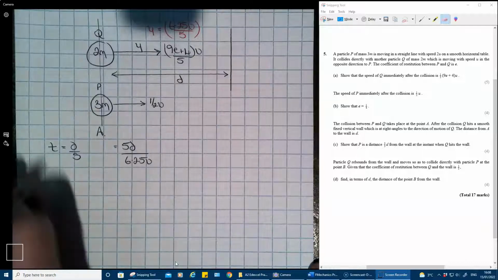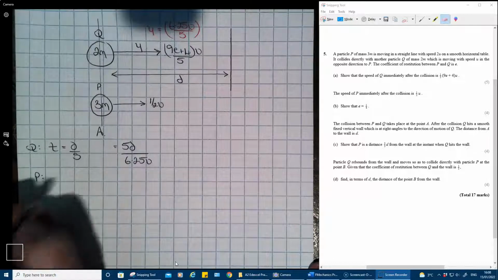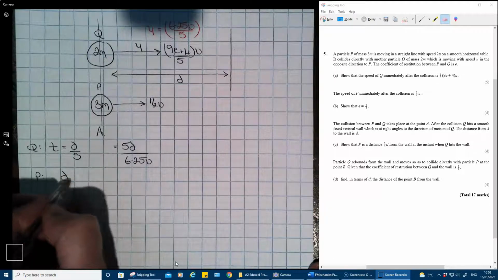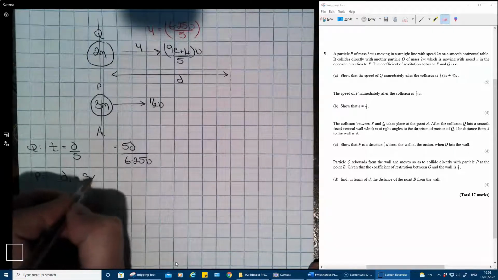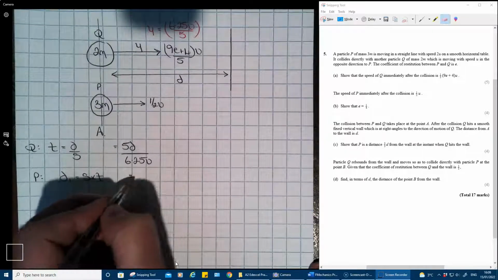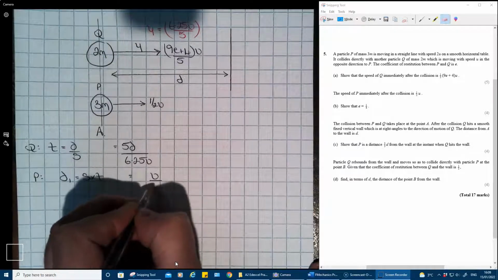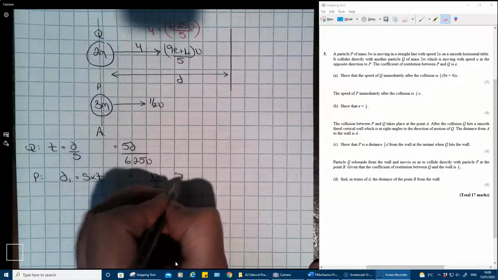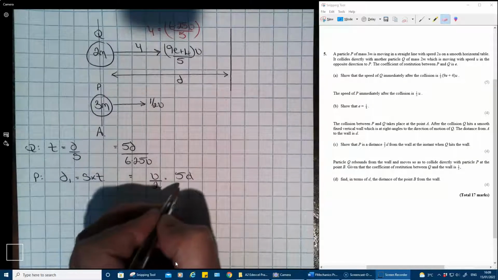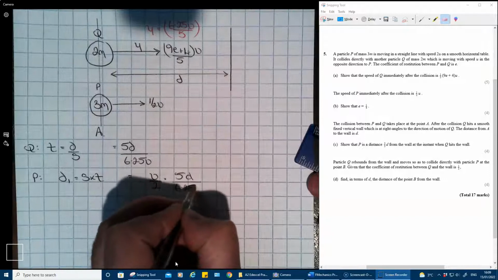Now for p, this is for q, so for p, the distance it travels is speed times time. In this case, the speed is a half u, and the time we know is 5d over 6.25u.